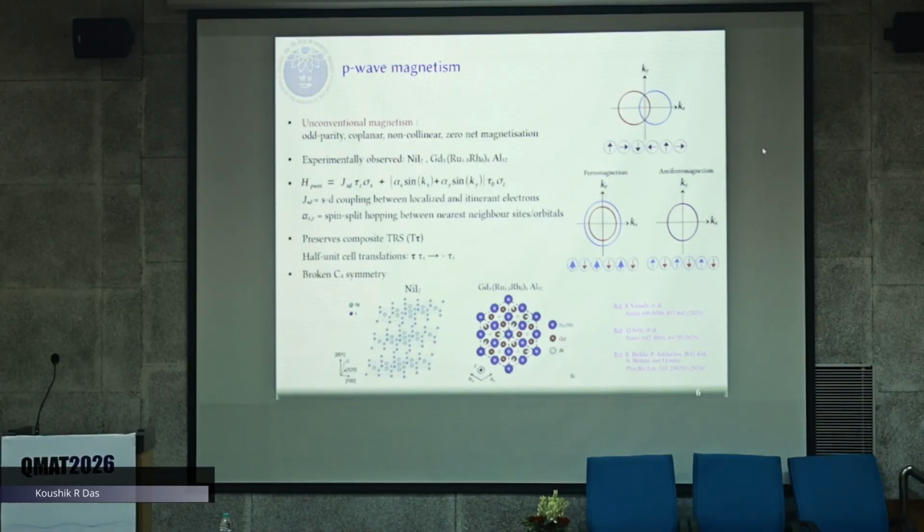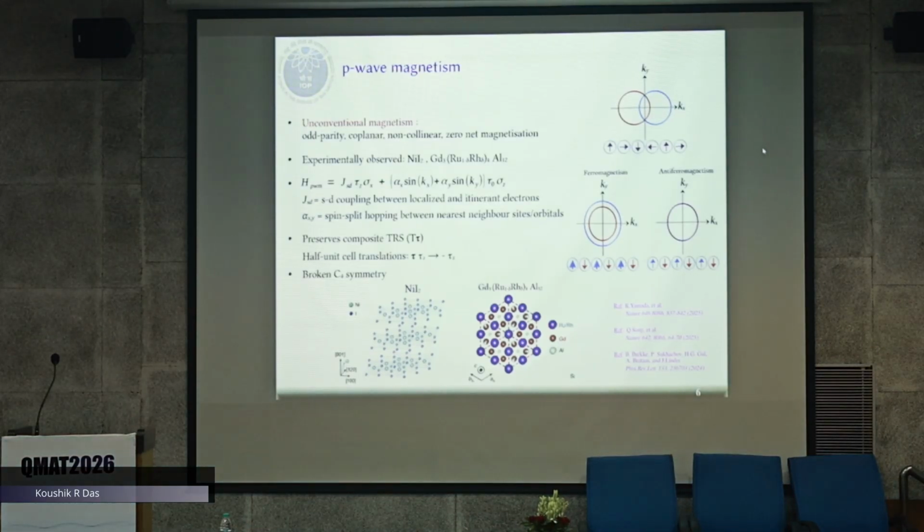They have been experimentally observed very recently in these two materials, and the schematic minimal model is given in this form, H_PWM, where J_sd is the coupling between the itinerant and localized electrons, and alpha is the spin split hopping between nearest neighbors. This preserves the composite time-reversal symmetry, which is a time reversal plus a half unit cell translation, and it exhibits broken C4 symmetry.